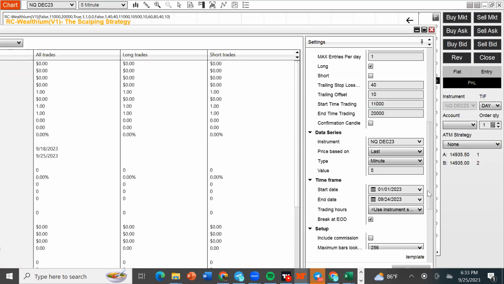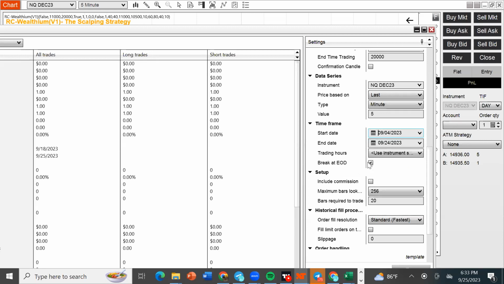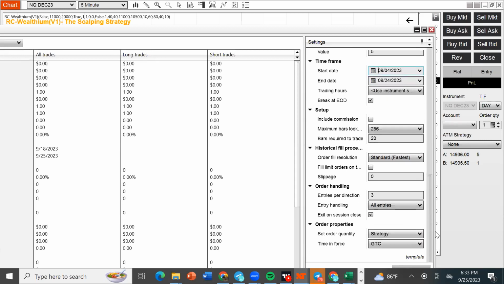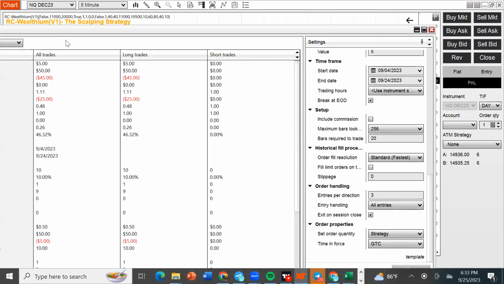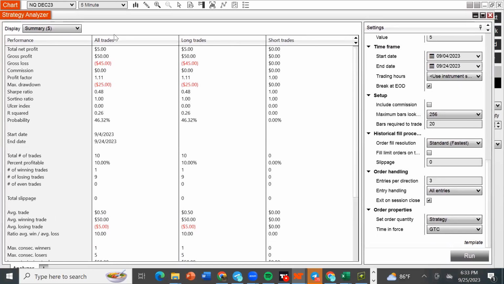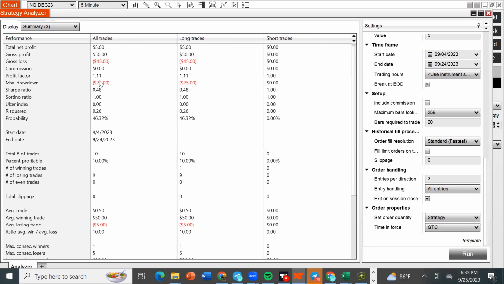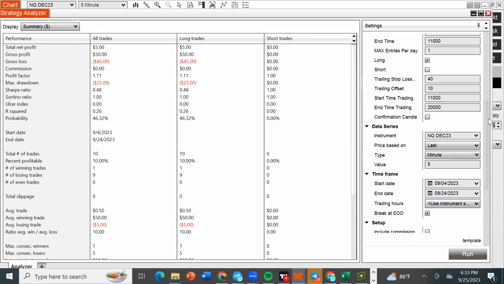Now let's just run for September. Later we can run for the last 6 months, last 7 months like that. If we just run for 9/4 to 9/24... this is NQ December, right?